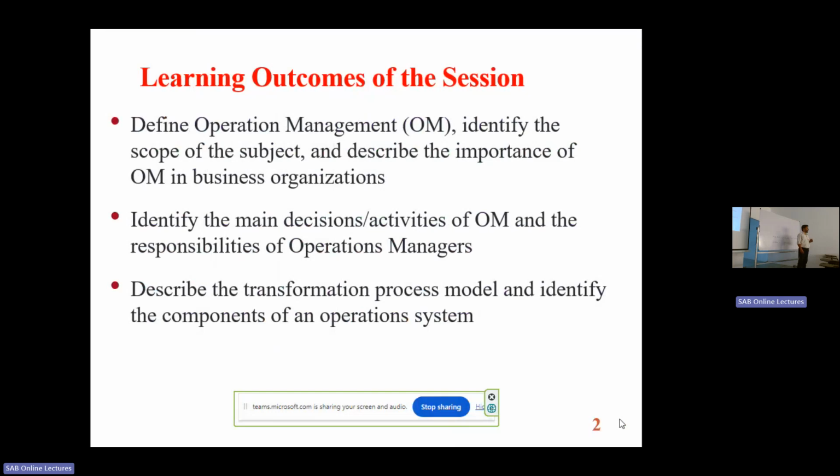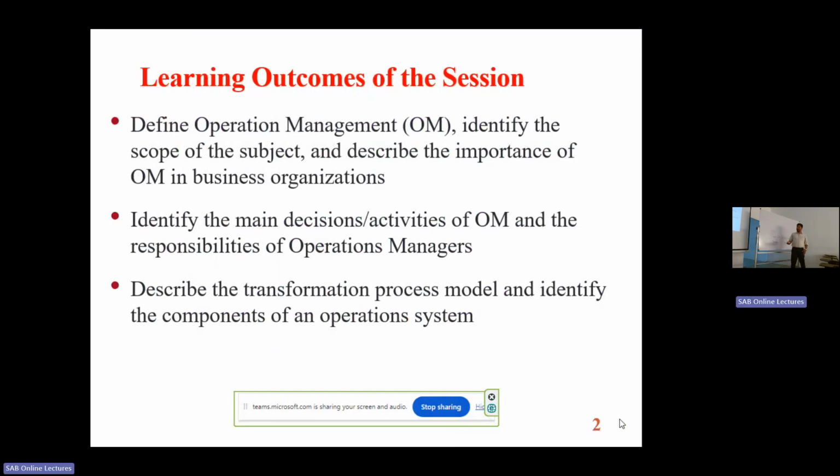You will understand what I mean by operation system later. Now, you're familiar with operation systems, like in a computer there is an operation system. This is nothing to do with that. Right? Within an organization, to manage operations, we have an operation system. So theoretically, we try to understand what are the key components, how it operates, so that helps us understand any business, understanding operations of any business. So that is what we do. So these are the key learning outcomes set for the first one. Is that clear?